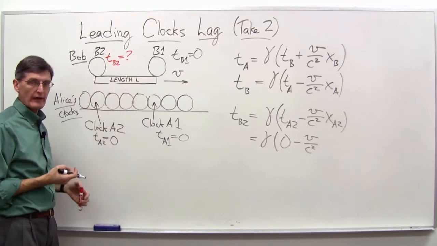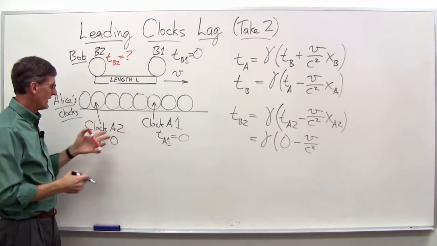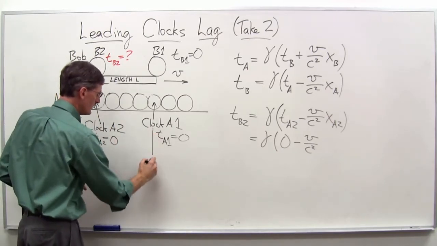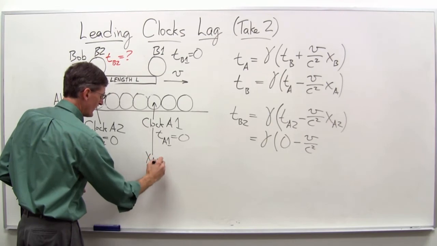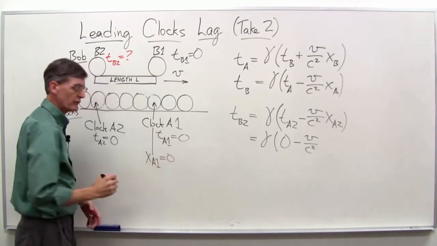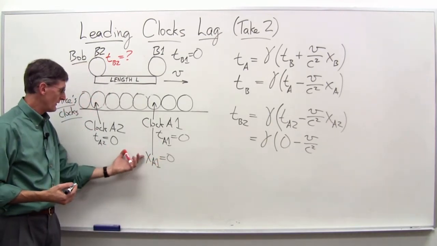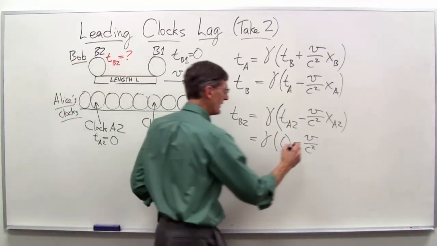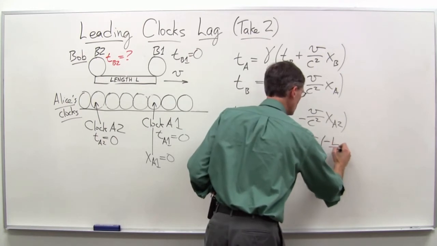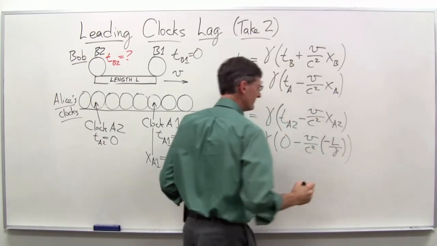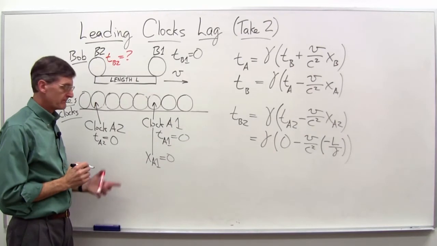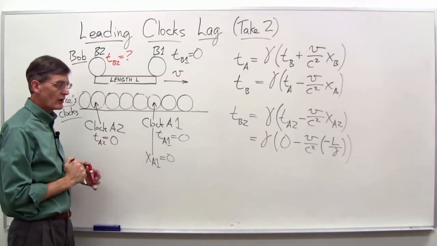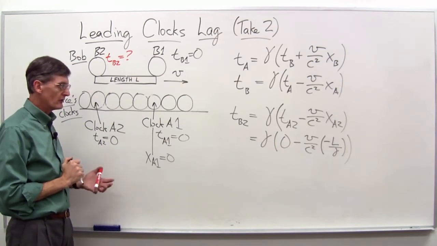If this position right here, x A1, equals 0, we just set our 0 point there, then this is in the negative direction. In fact, it's going to be minus L over gamma. That's the distance between those two clocks as far as Alice is concerned.